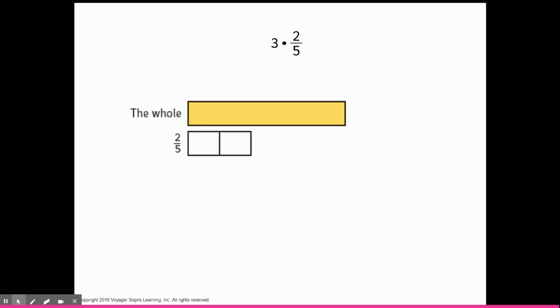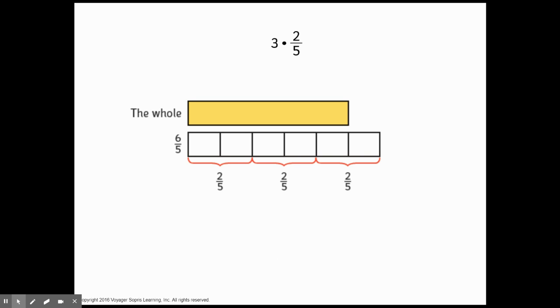Now we show multiplying by 3 by repeating 2/5 a total of 3 times using the rods. 1, 2, 3. So 3 times 2/5 is 6/5. Notice that 6/5 is an improper fraction that is greater than 1 because the numerator is greater than the denominator. It is 1/5 rod longer than the whole.